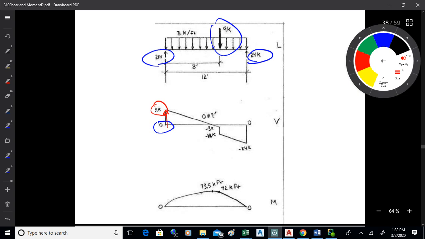So we have negative 3 kips per foot times the 8-foot distance. I'm going to take it just out to that load because I know right where that load hits, there'll be a big change in shear. It's easiest if I get the area on either side of that. That just makes it easier to plot, so that's why I'm doing this.